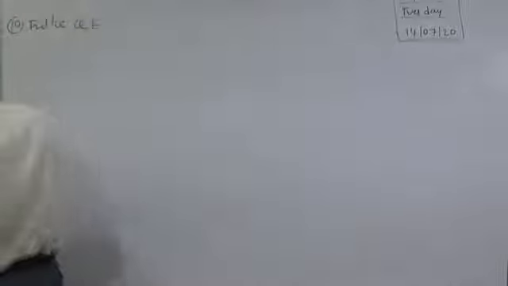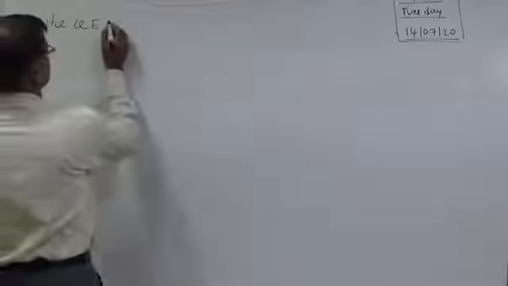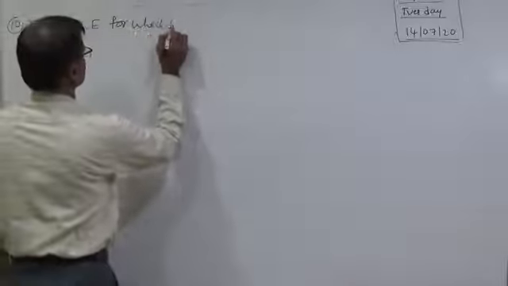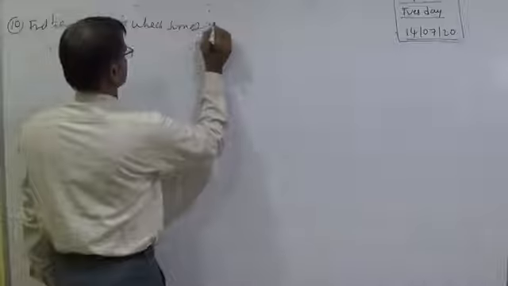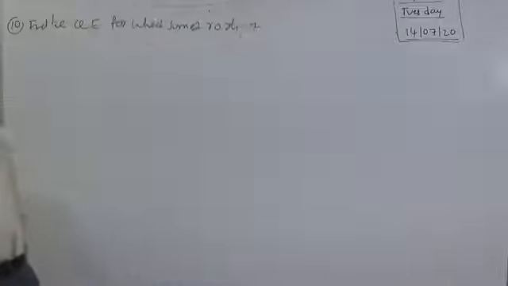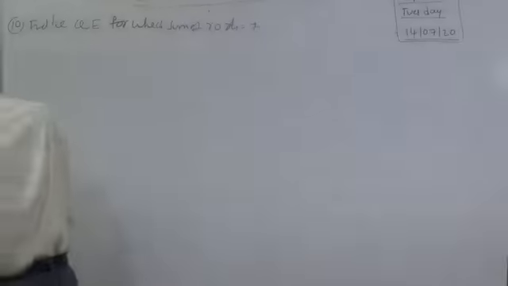Find the quadratic equation for which the sum of roots is 7 and the sum of squares of roots.